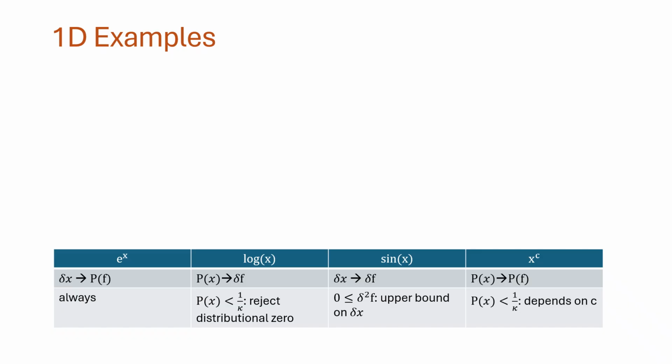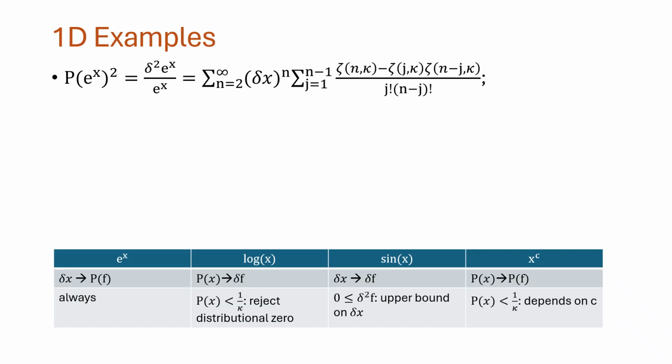Now let's give some one-dimensional examples. For example, for the exponential variance, we have this formula, and here it converges all the time because the denominator increases much faster than the top.